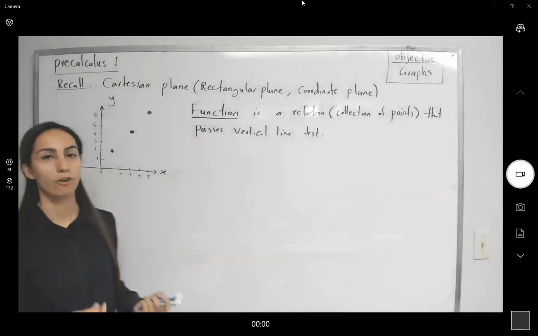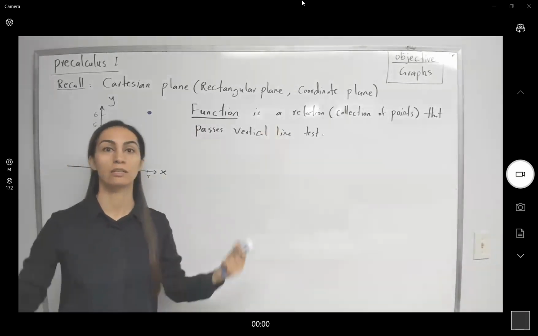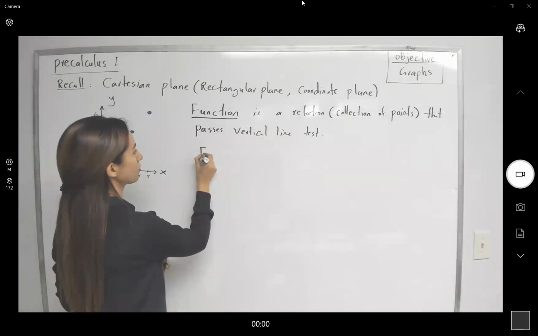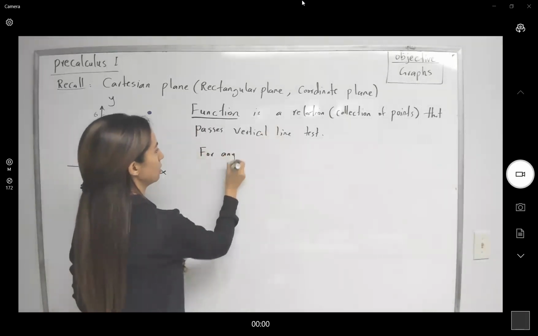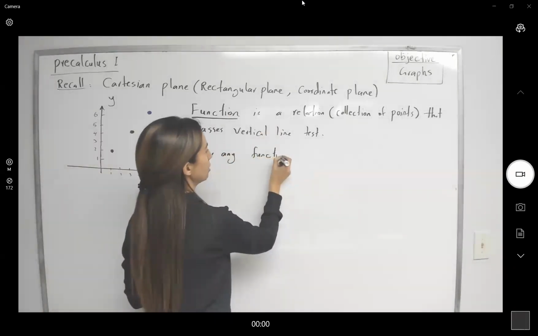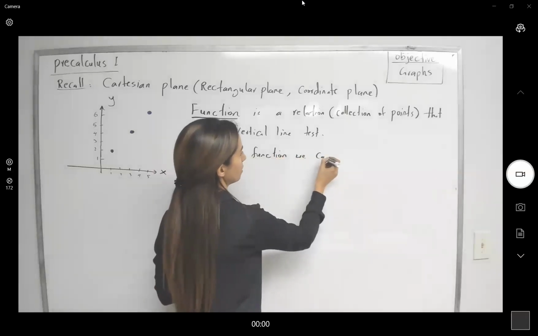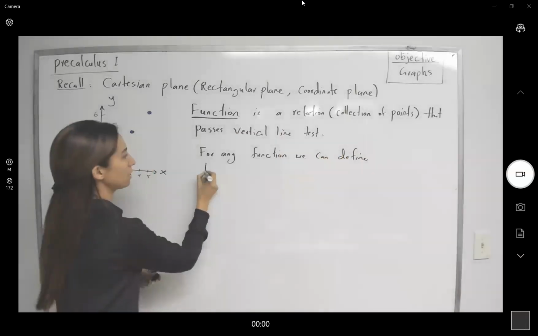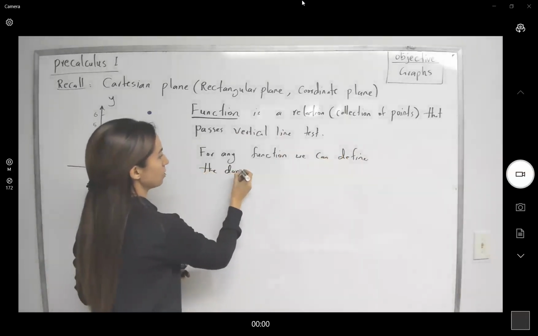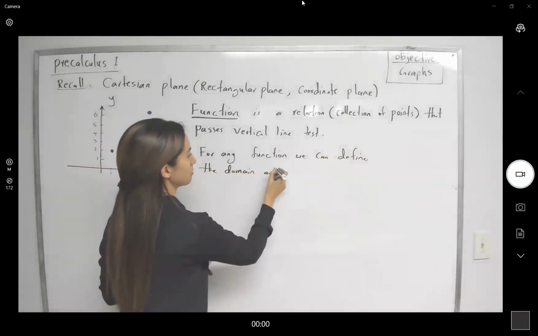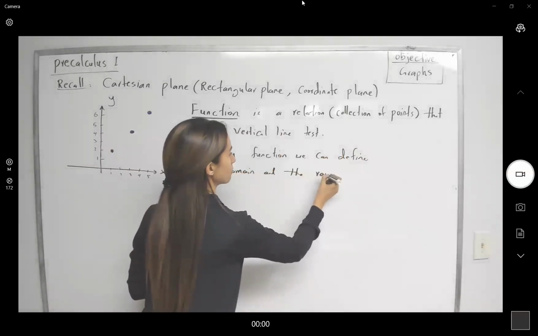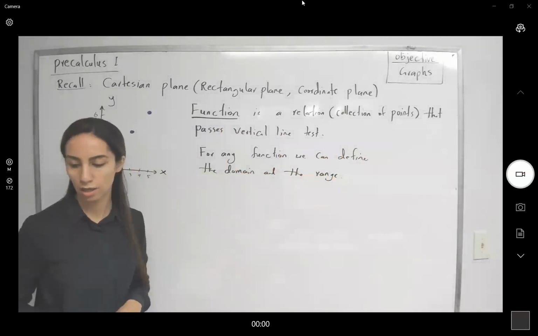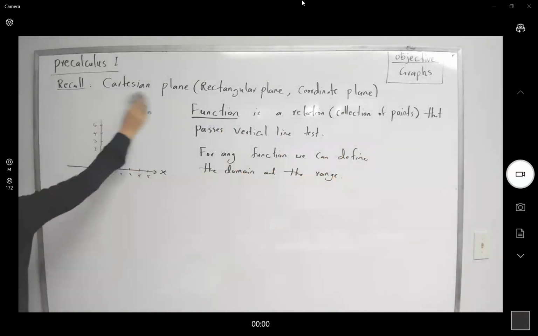So again, for a function, since it's a relation, we can define the domain and the range. For any function, we can define the domain and the range. Let's go over one example and try to visualize the function that we have.